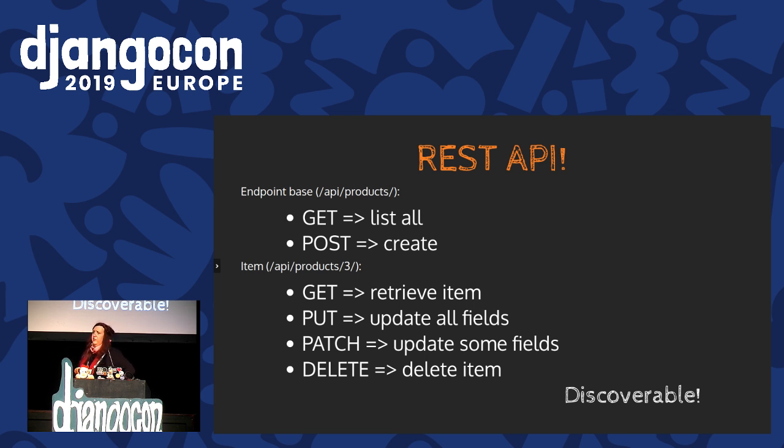Put is used to update the entire product, so all the fields of the product. Patch is used to update only certain fields of that item, and delete is used to delete the item. If you talk to people who like REST a lot and they want you to have what they call a RESTful API, they will also tell you that it's very important that your API is discoverable. We will come back to that a bit later.